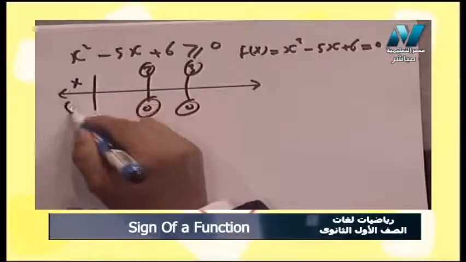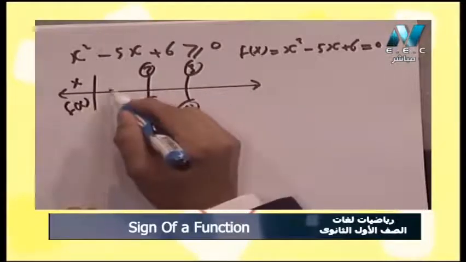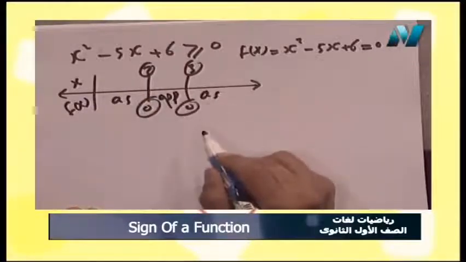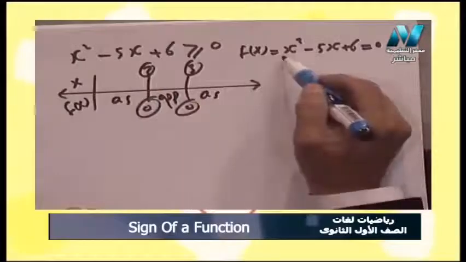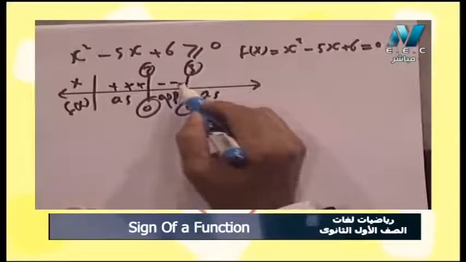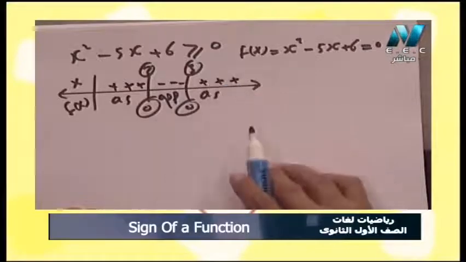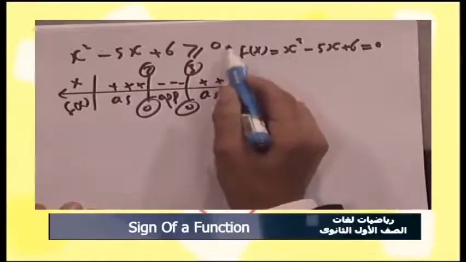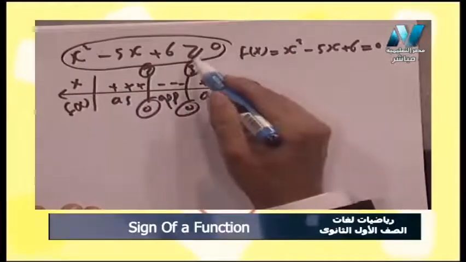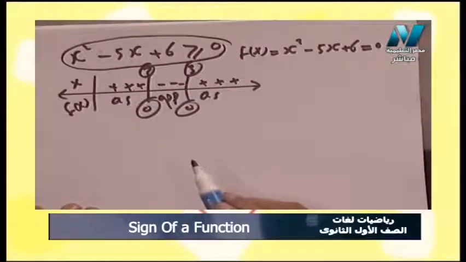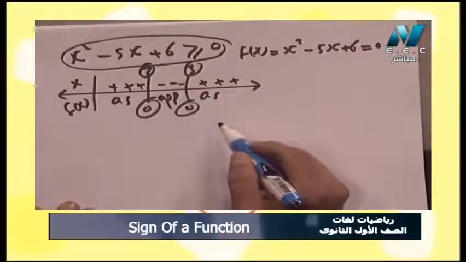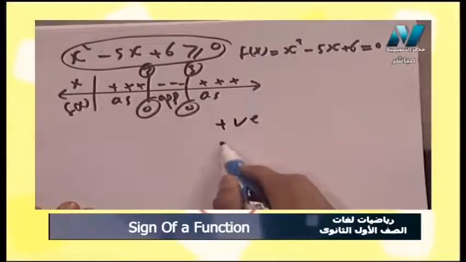This is x and f(x). The coefficient of x power 2 is positive, so it's positive here, negative there, and positive here. This inequality talks about greater than or equal to 0, so we would like to find where it is positive and where it equals 0.